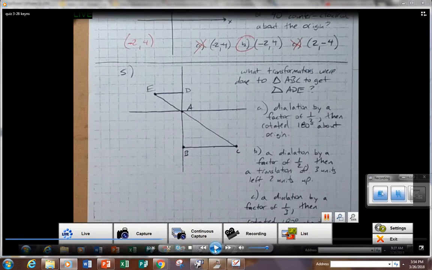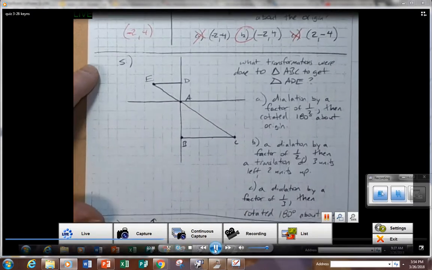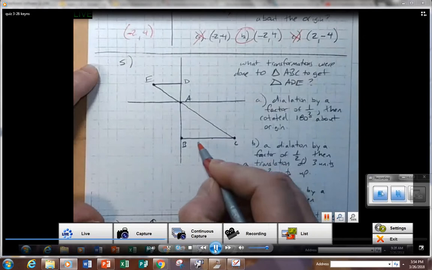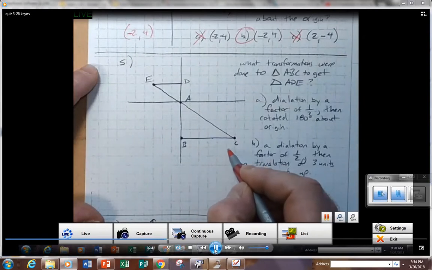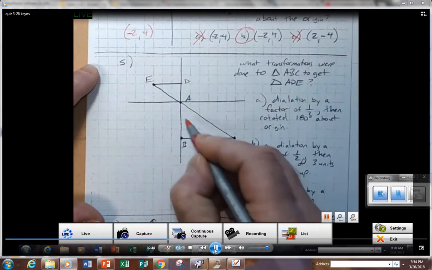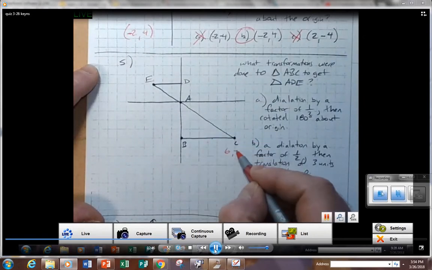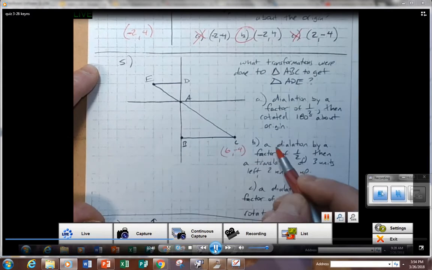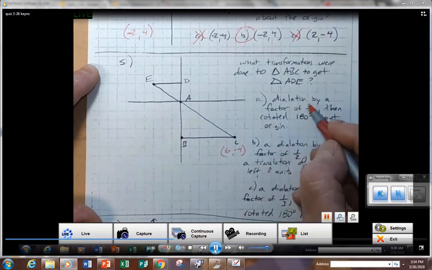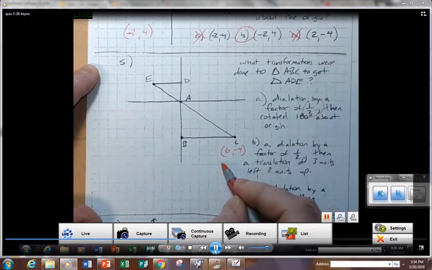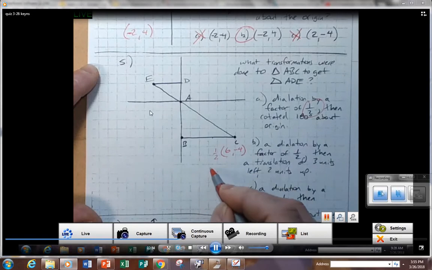So if I take the point 6, negative 4, and I slice that in half, or multiply both 6 and the negative 4 by a half, that gives me 3, negative 2. And I can see that that is pretty close to negative 3, 2. So that shows me the dilation of 1/2 to cut that in half.